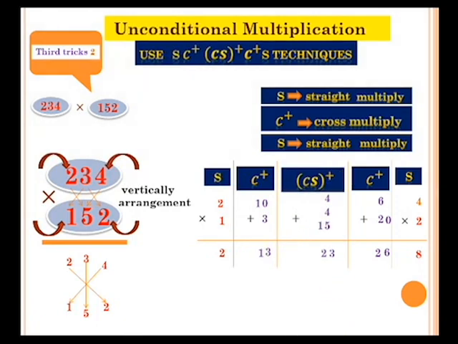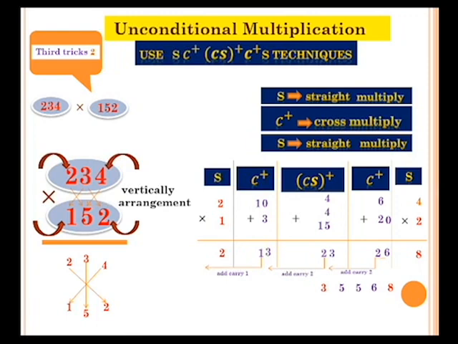Now write accordingly 8 as it is, 6 as it is, and add the carry from 26 to 23, that is we get 25. Write 5 as it is, take the carry from 23, add it to 13, we get 15.